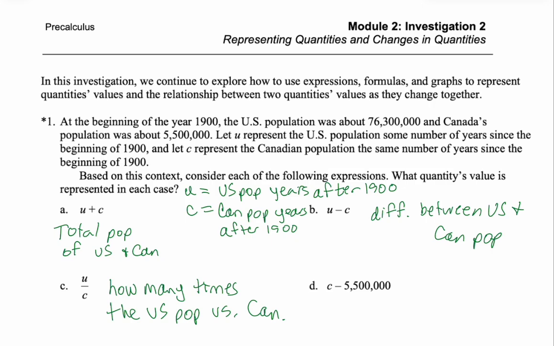Yeah, so we could say the change since 1900 or the difference since 1900. We don't necessarily know in our minds. We think it's going to probably go up, but you don't know unless you know exactly how many years they talk about. So I would use the words change in or difference in.